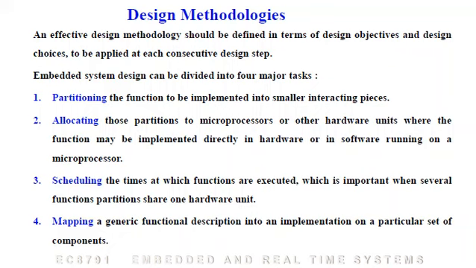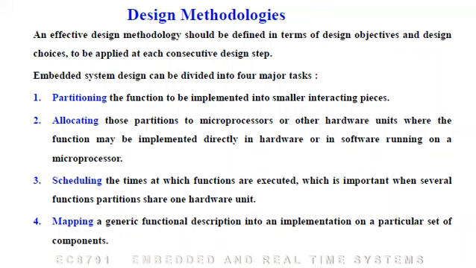Embedded system design can be divided into four major tasks. First one, partitioning: partitioning the function to be implemented into smaller interacting pieces. Second, allocating those partitions to a microprocessor or other hardware units, where the function may be implemented directly in hardware or in software running on a microprocessor.